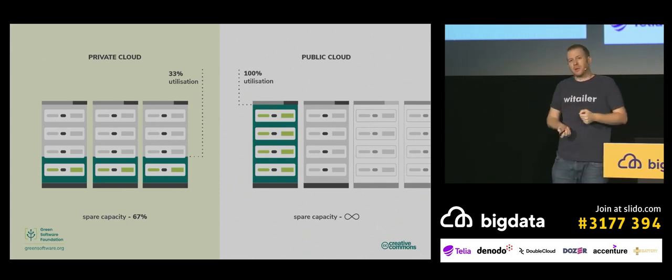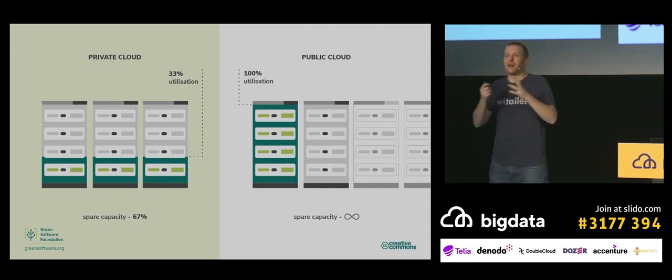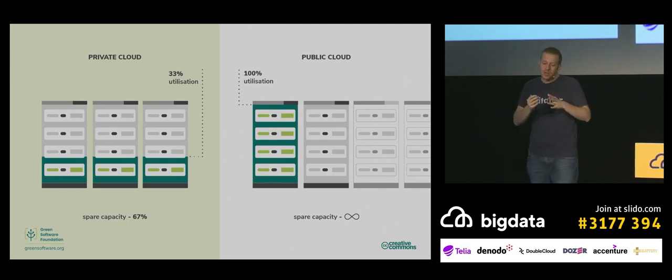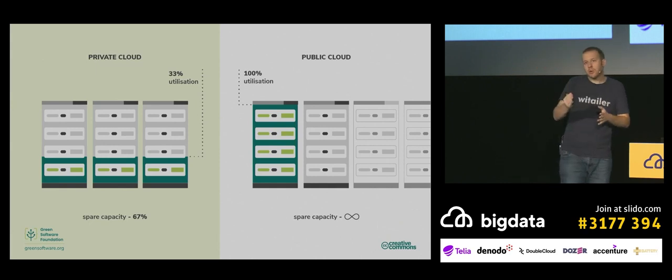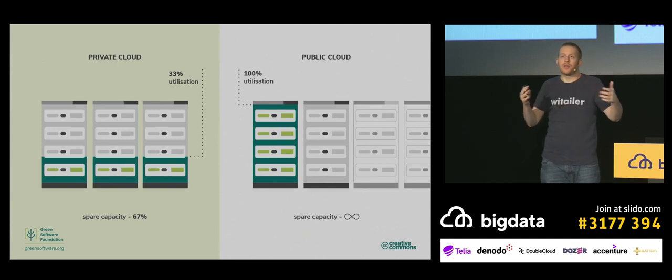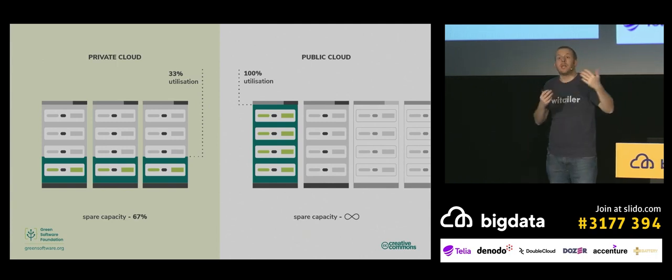In a private cloud, I'm not saying it's not possible, but it's harder. Why? Because if you cannot use a platform or serverless technology, you should probably oversize your pool of servers, your infrastructure, to manage the peaks.